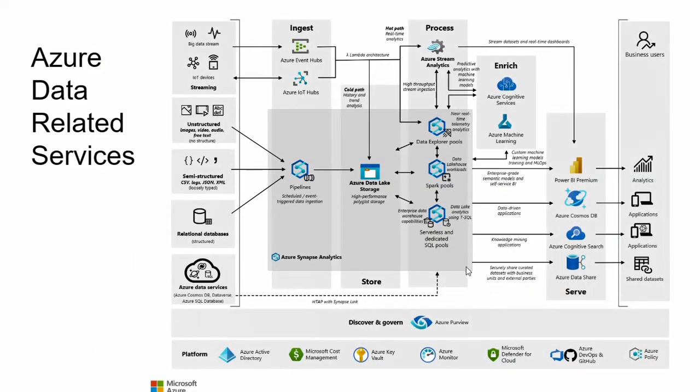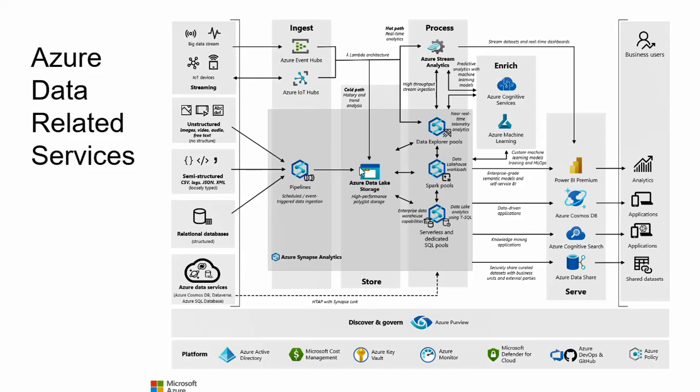This is the current ecosystem under the Azure Synapse Analytics flag. To the left, we have different sources: streaming, semi-structured data, relational datasets, all coming in with the ETL process of a pipeline. This is the Synapse pipeline, which is the ETL job, and it loads data into the Azure Data Lake Storage.